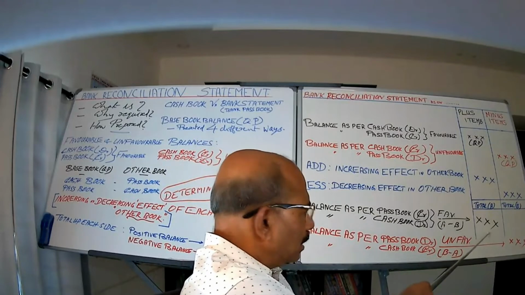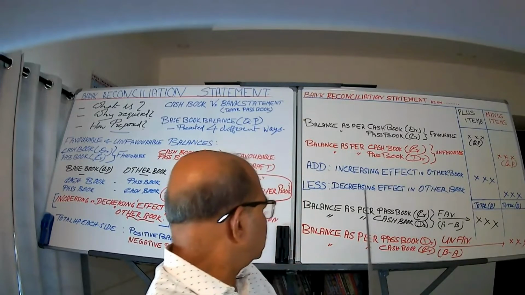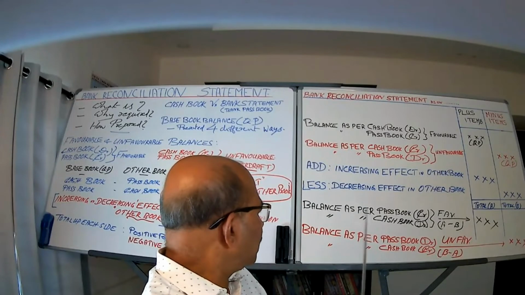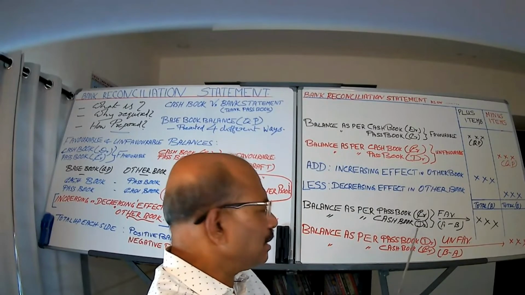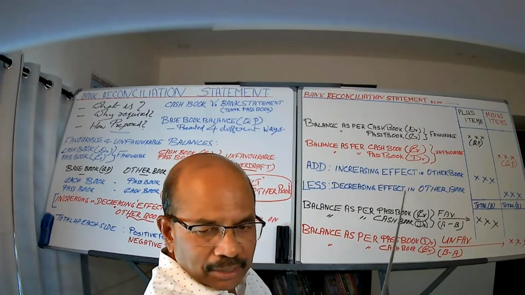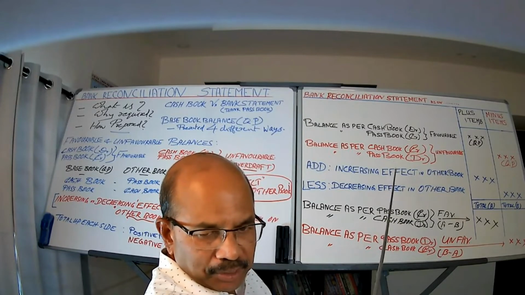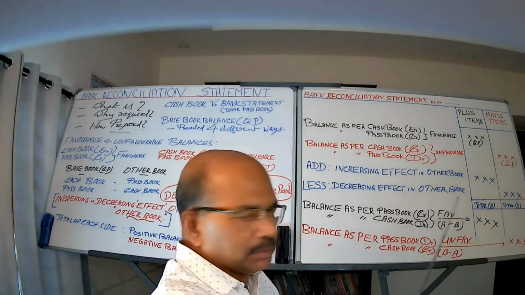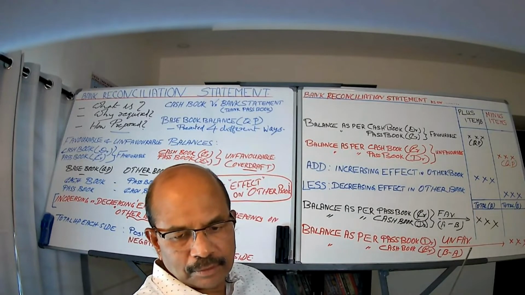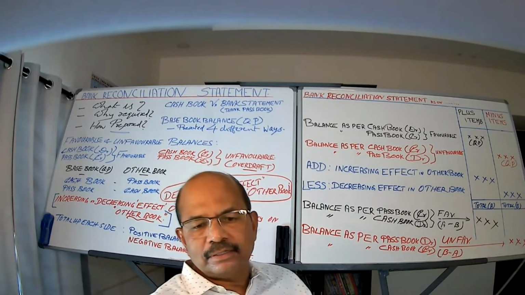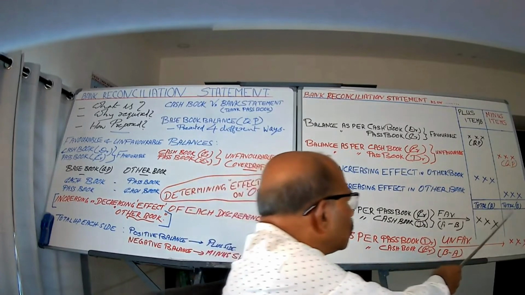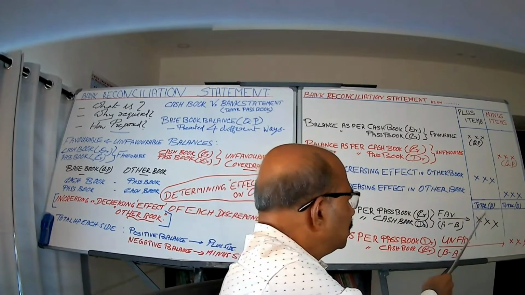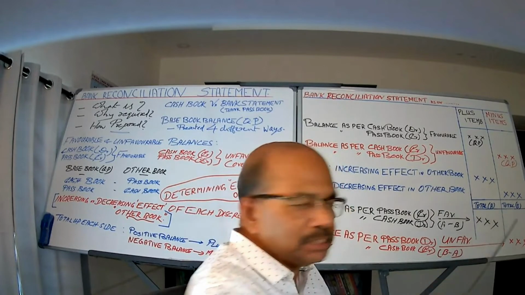Here you show the amount against the description: balance as per pass book credit or balance as per cash book debit, depending on how the question has been given. Both are favorable balances. Next case. You find that the minus total is more as compared to the plus total, or B minus A is more.